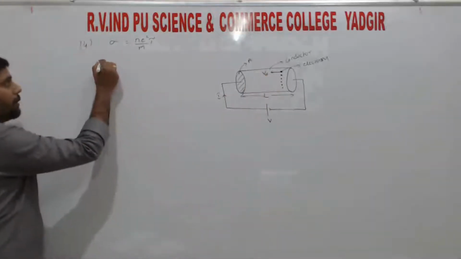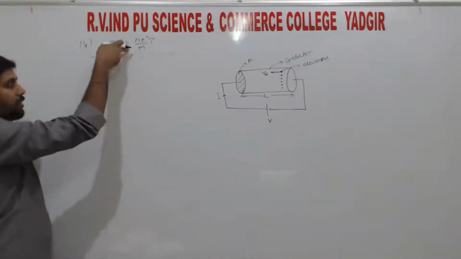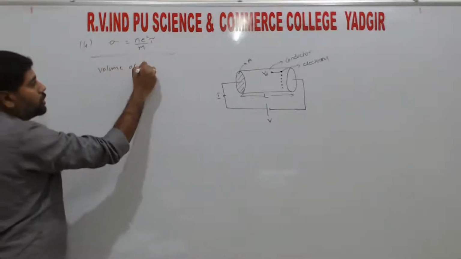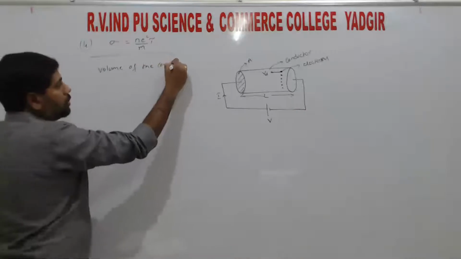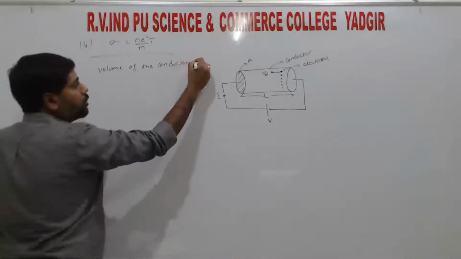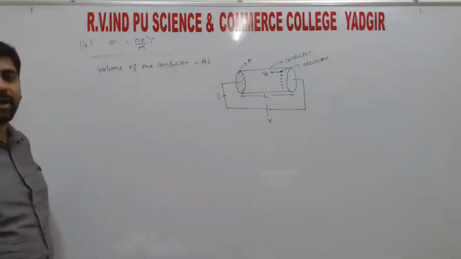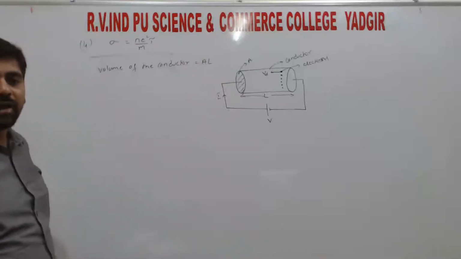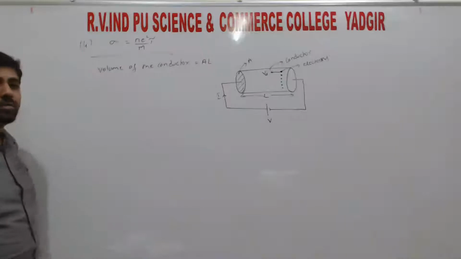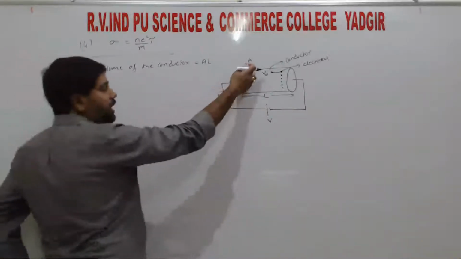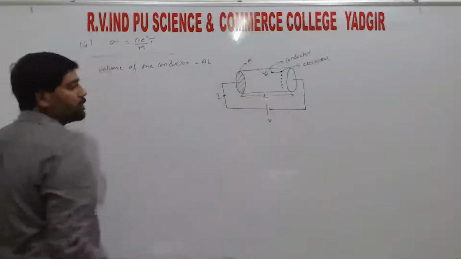So this is the given question, right? First, the volume of the conductor is area into length. Volume is always area into length or area into height, so you can take either, right? Here A is the area of cross section and L is the length of the conductor.